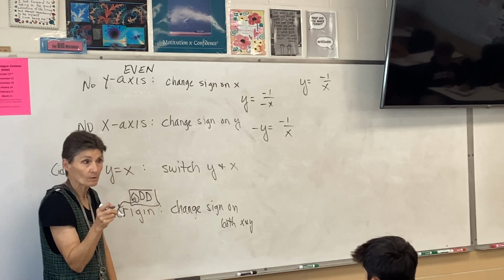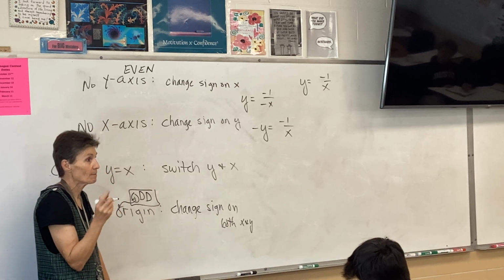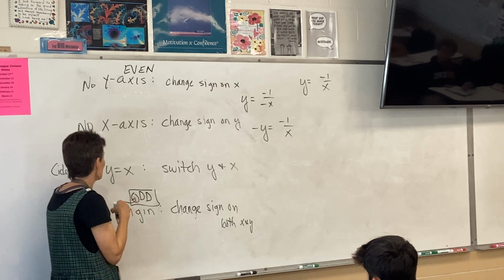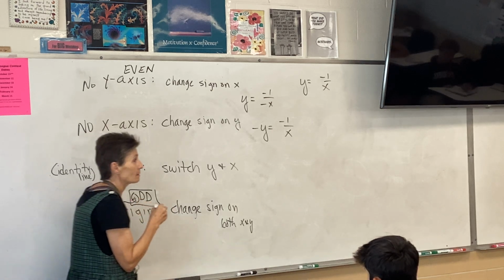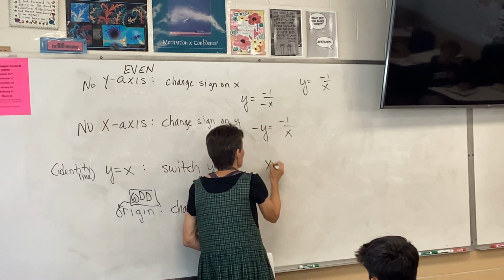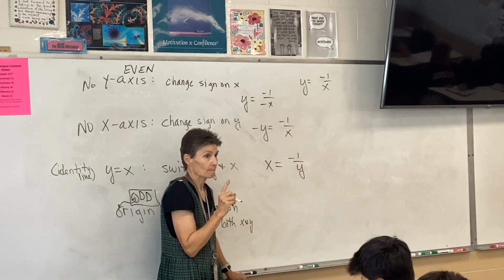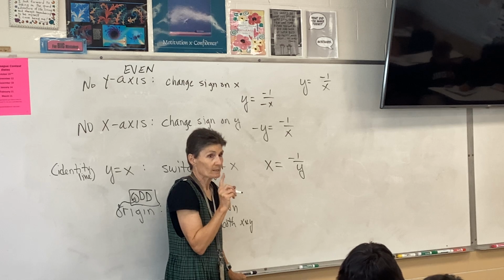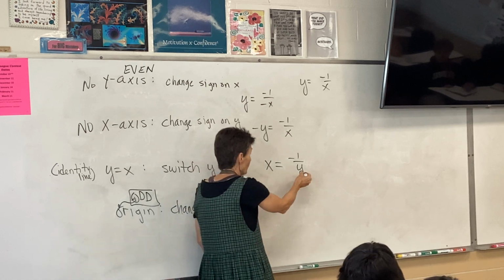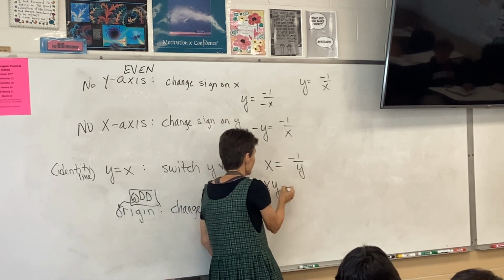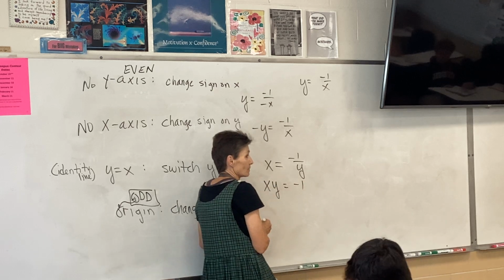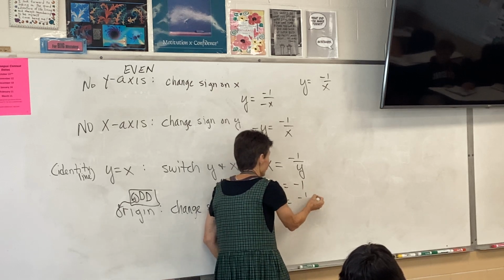Everybody following along okay? You're going to have to do this by yourself sometime. Everybody good? Okay. Switch X and Y. Now be careful with this one. It looks different. But when in doubt, get y by itself. So I'm going to multiply the y over to here and divide by x.